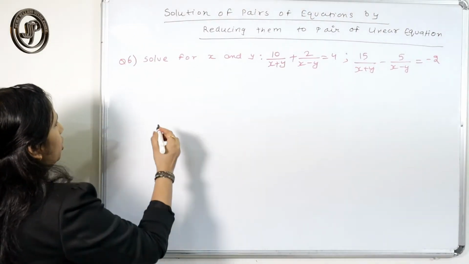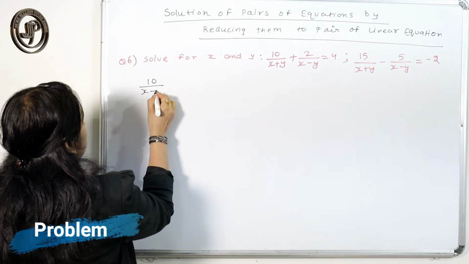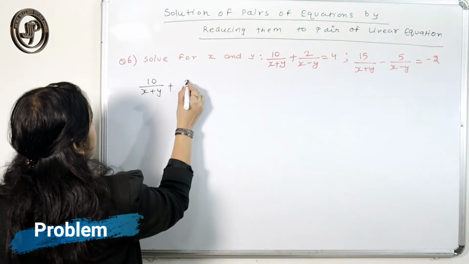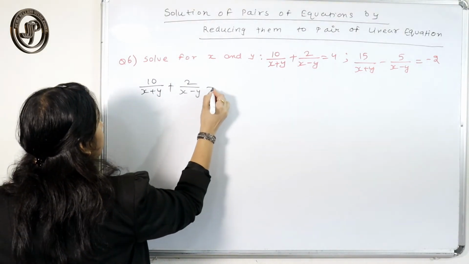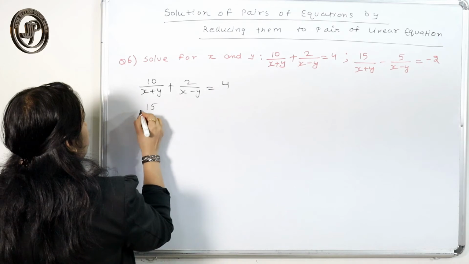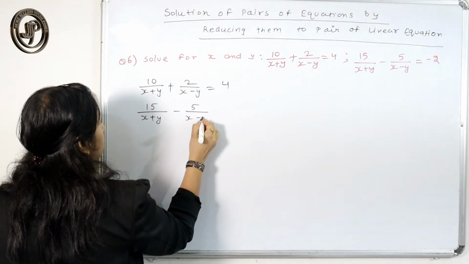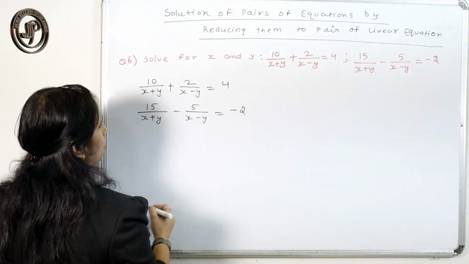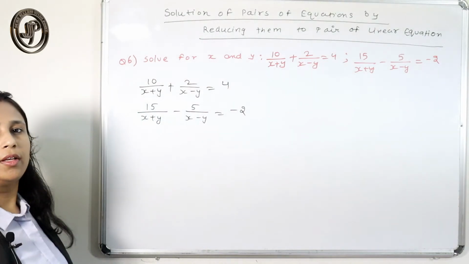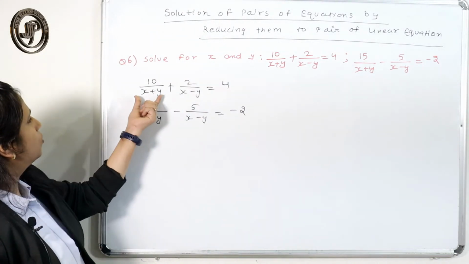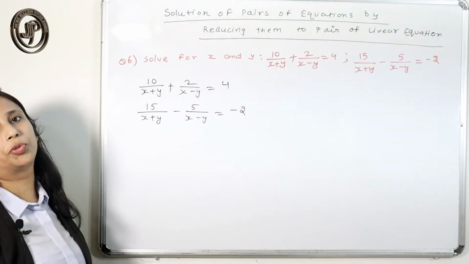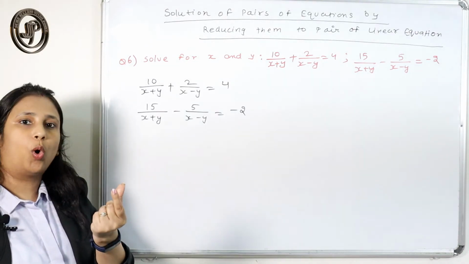So one more question: 10 upon (x plus y) plus 2 upon (x minus y) is equal to 4. 15 upon (x plus y) minus 5 upon (x minus y) is equal to minus 2. So here if I need to substitute, I have to substitute this whole thing together, because that is only one term.